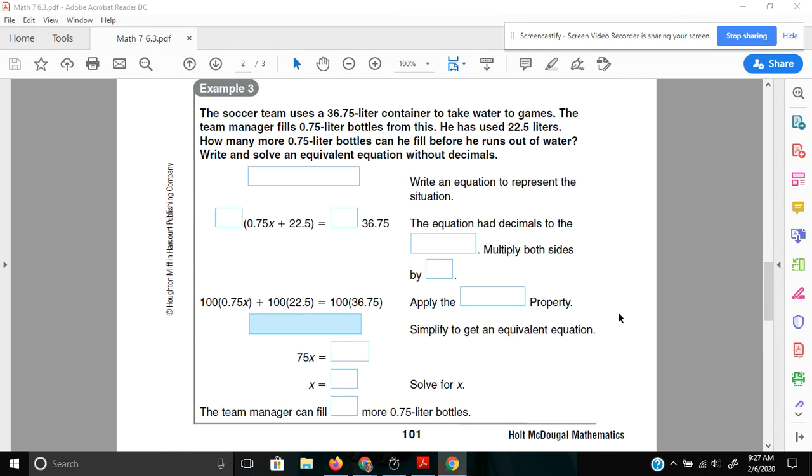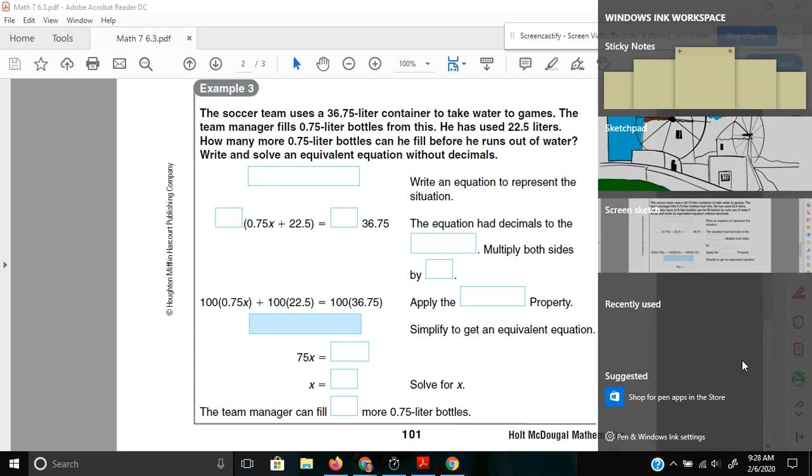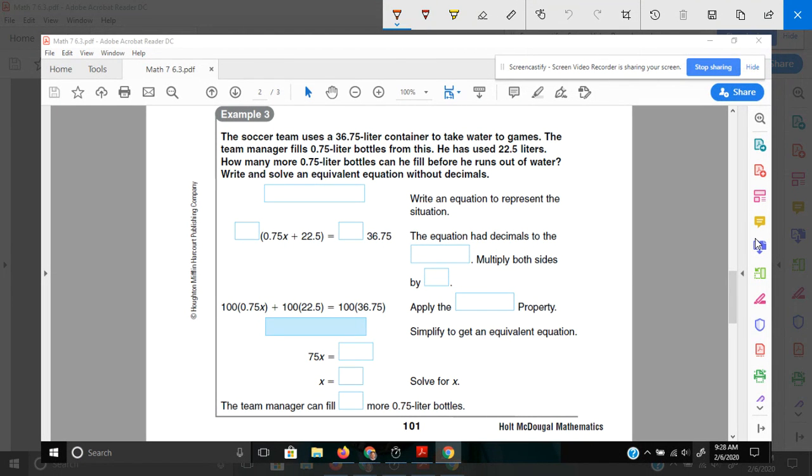All right, let's look at our last example, and then you can have some time to try that on your own. It says the soccer team uses a 36.75 liter container to take water to games. It's pretty normal. The team manager fills 0.75 liter bottles from this.